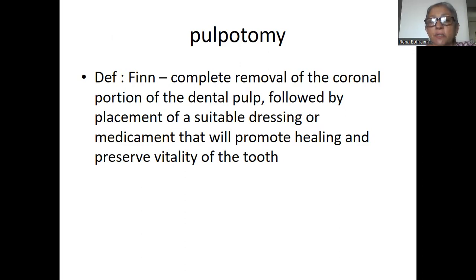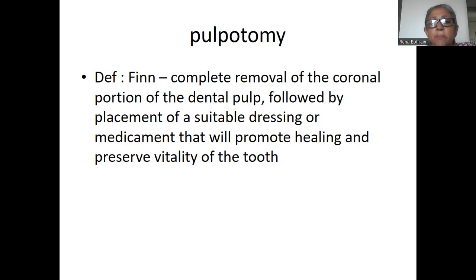As the definition says, the complete pulp in the coronal portion of the tooth is taken out and the pulp stumps are left as such, and medicament is placed over the pulp stumps so that the pulp can heal in that region and remain vital without having any bacteria in that area, and the tooth will remain vital for all purposes.